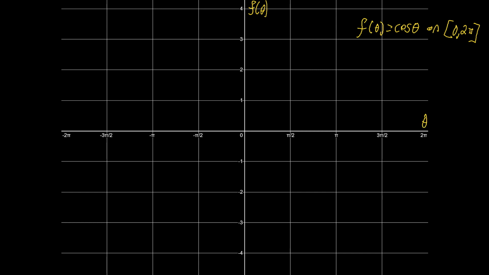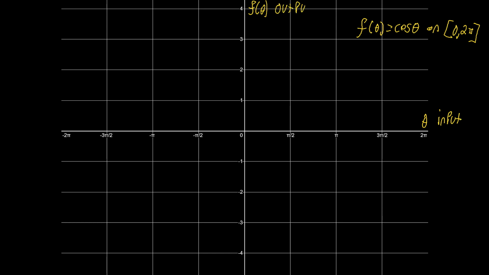Now, cosine is normally the x value from the unit circle. But remember that cosine theta is the output here. So this is actually x equals f of theta here, and this is theta, your input. Remember, what I said was, think about this in terms of your input and then your output.